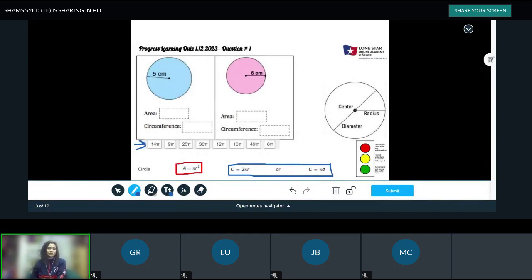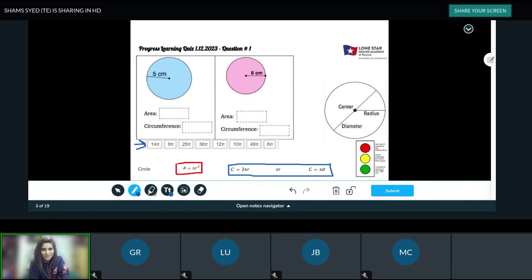Find the area of the circle. Isaiah, look at the blue circle, 5 centimeters. What does 5 centimeters represent? Isaiah. Jadine, the answer choices are over here.